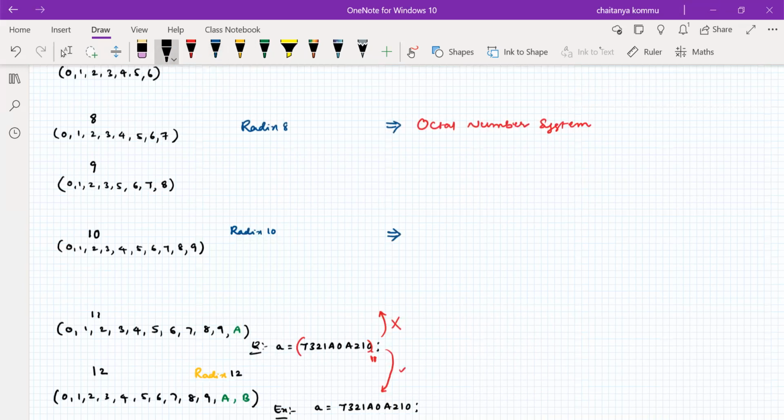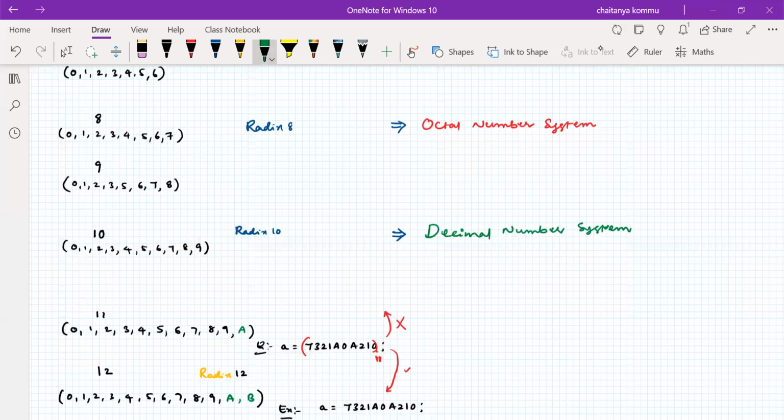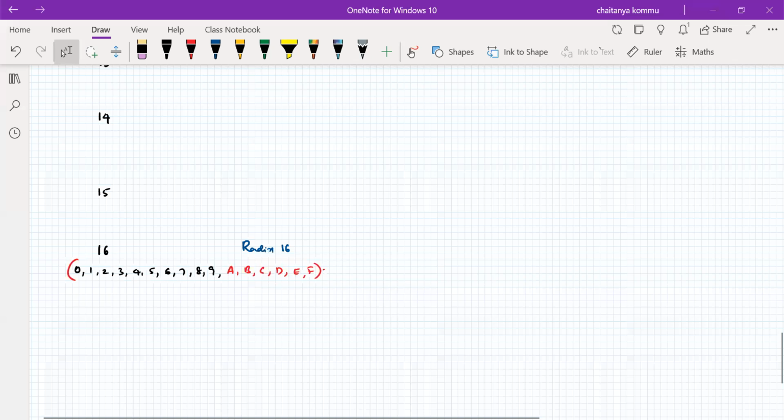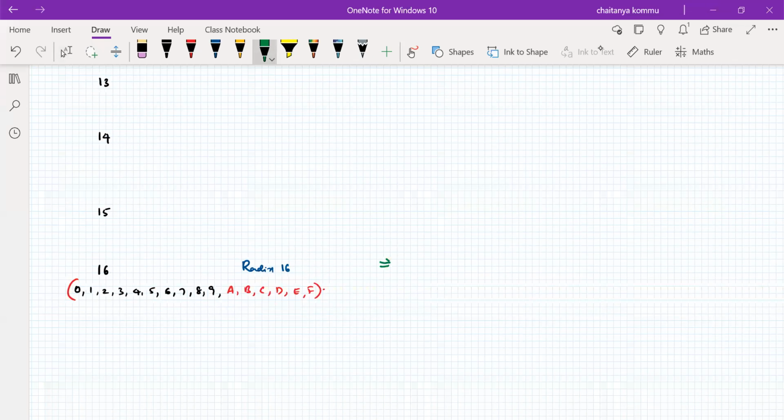This is called the decimal number system, right? Essentially, these are the number systems that we normally use in our course, in most of the cases. Next, the last one is Radix 16. This is called the hexadecimal number system.